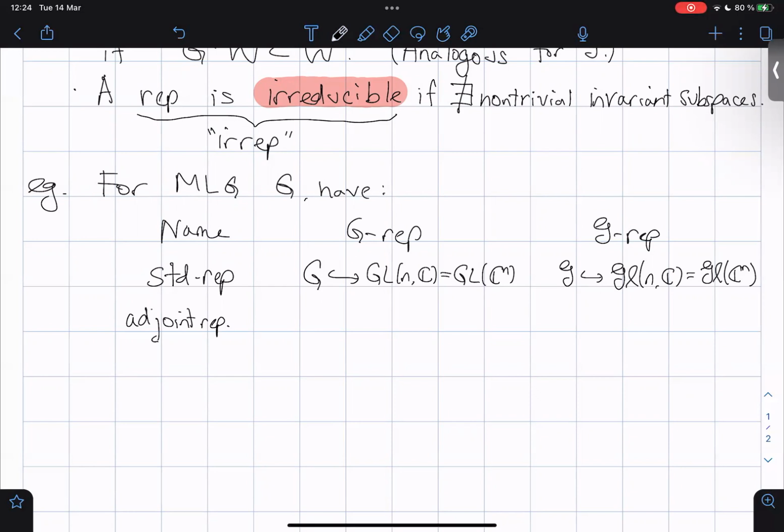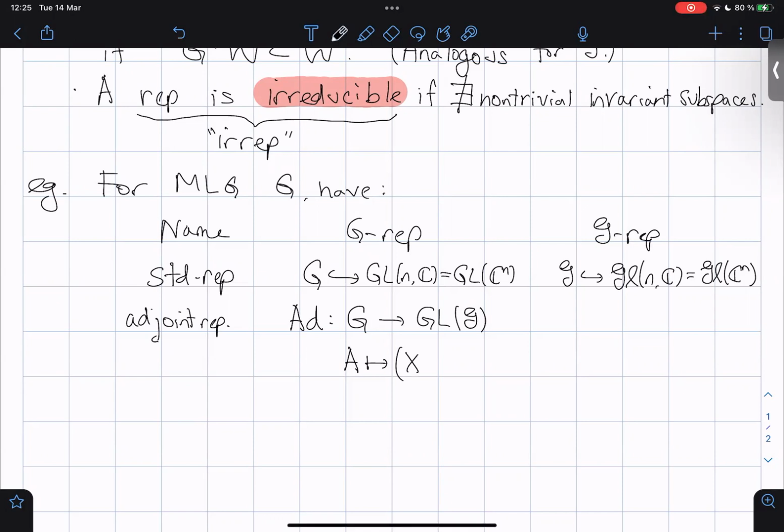Very important, however, is the so-called adjoint representation. Here we're going to call this map, instead of capital Pi, by the name big Ad. This is a homomorphism from G into invertible linear transformations on the Lie algebra g. How is it defined? Given any capital A sitting inside big G, I have to tell you a transformation that takes as input something from g and gives you an output also in g.